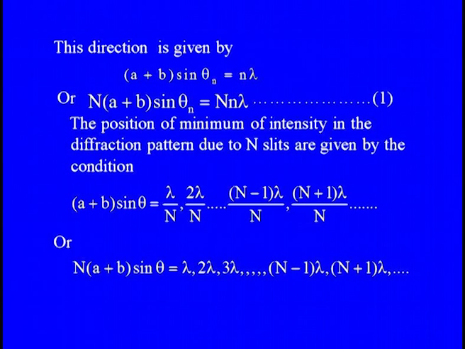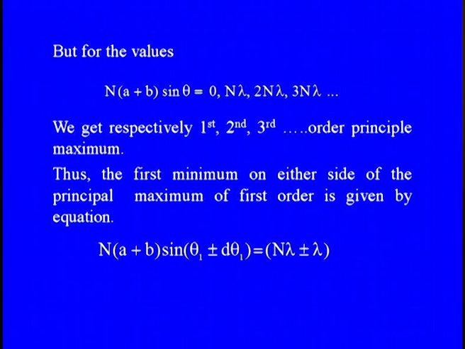The positions of minimum of intensity in the diffraction pattern due to N slits are given by the condition (a plus b) sin theta equal to lambda by capital N, 2 lambda by capital N and so on, or capital N into (a plus b) sin theta equal to lambda or 2 lambda or 3 lambda. But for the values capital N into (a plus b) sin theta equal to 0, capital N lambda or 2 times capital N lambda, we get respectively the zeroth, first, second and so on order of principal maximum.